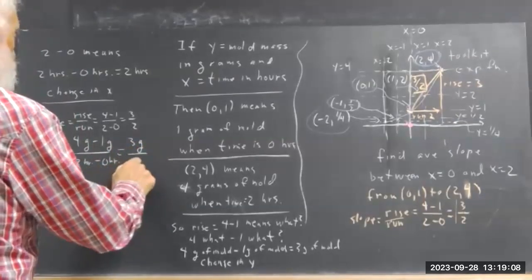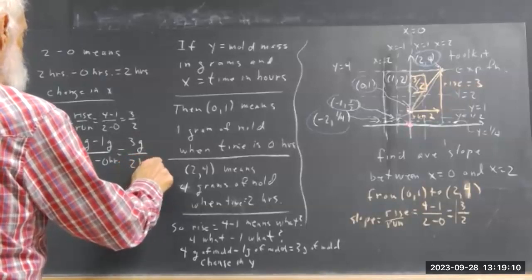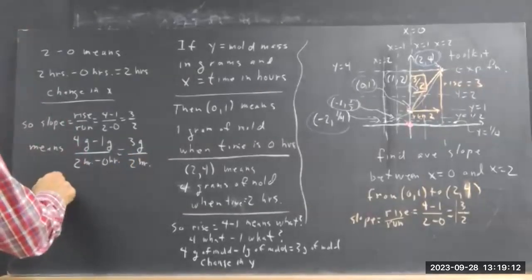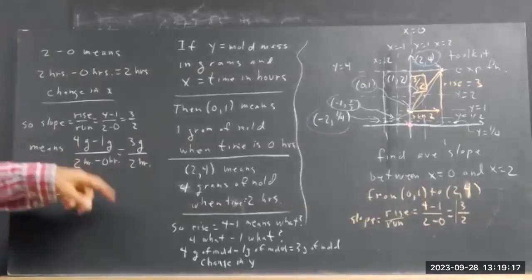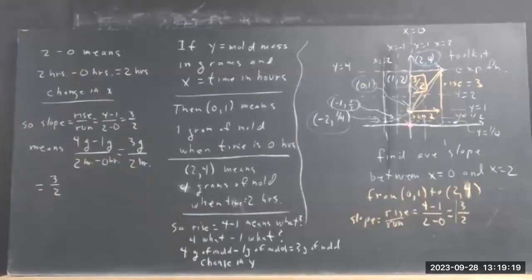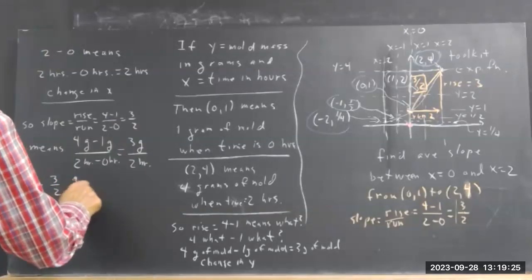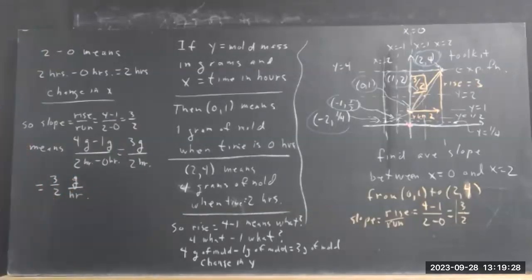And 2 hours minus 0 hours is 2 hours. So what's that equal? That equals 3 halves. What are we going to do with the grams and the hours? Well, the grams in the numerator, the hours in the denominator. I can write grams over hours.